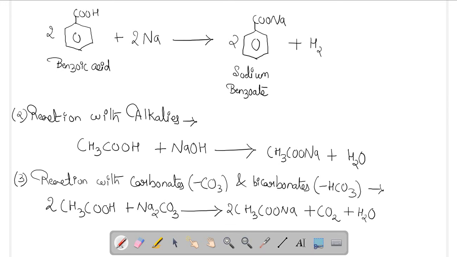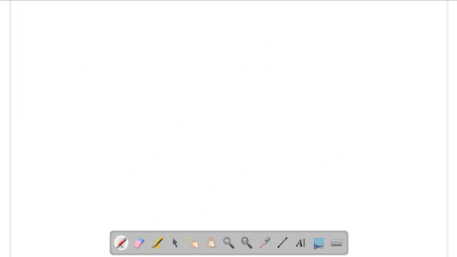Okay, why this happened? Because the acetic acid is acidic in nature, and the carbonates are having the basic nature here. So here also a type of neutralization reaction will occur, and the formation of salt, that is sodium acetate, and carbon dioxide and water will take place here.